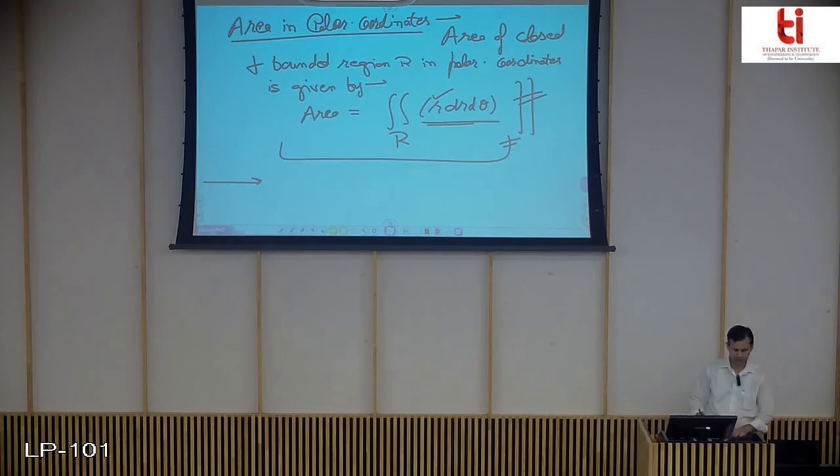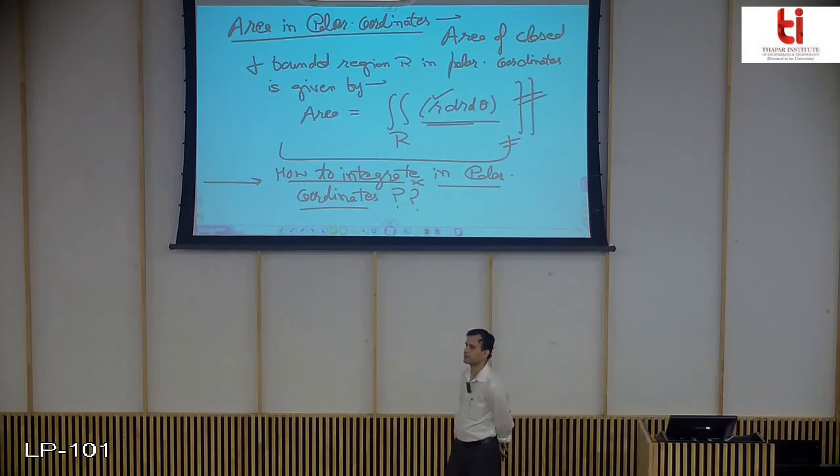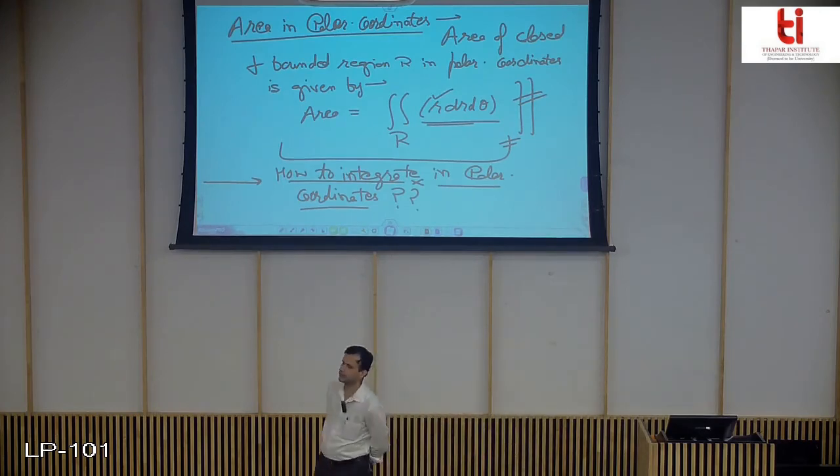Now come to the main concept, how to integrate in polar coordinates. If you have an idea of how we integrate double integrals in Cartesian coordinates, the same thing will be happening here.